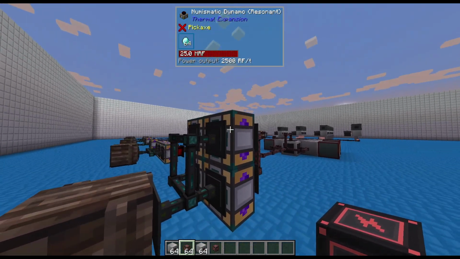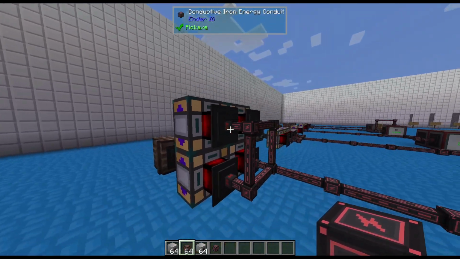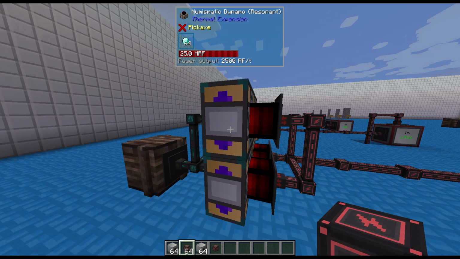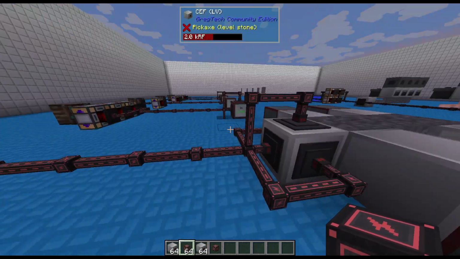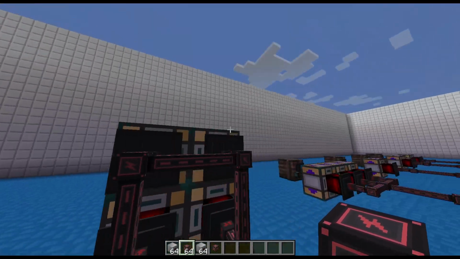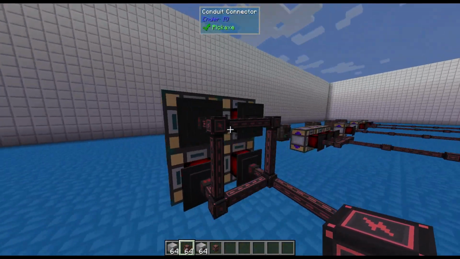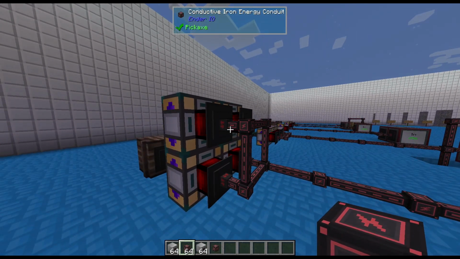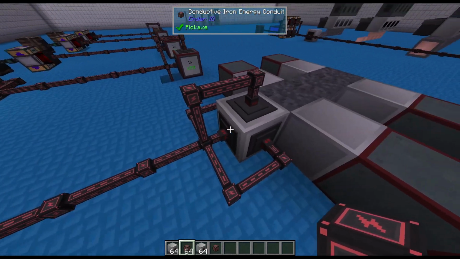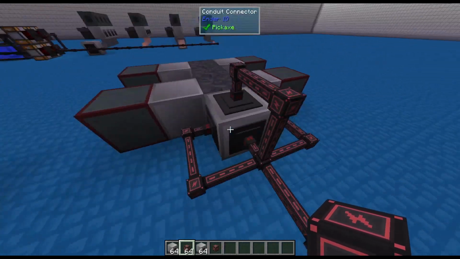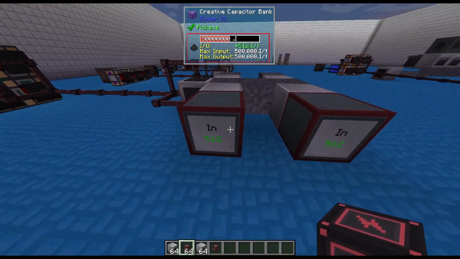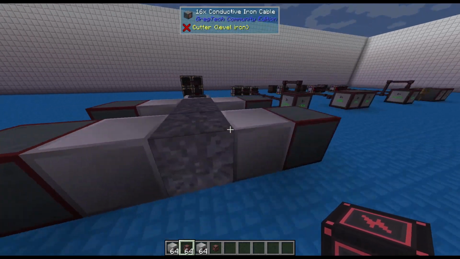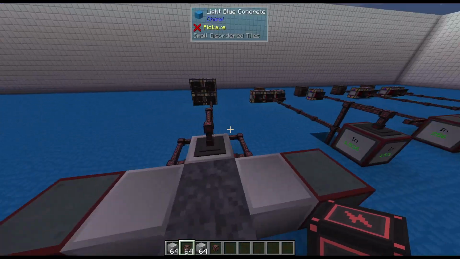So we have 4 dynamos working above the required voltage of the CEF, but we need 4 RF power inputs and 4 connections, 1, 2, 3, 4, to supply it with enough energy for machines.